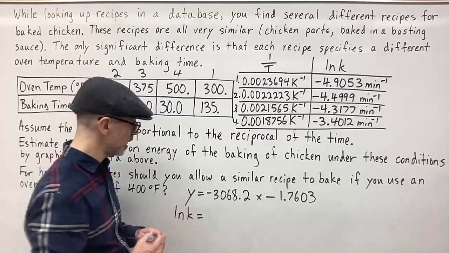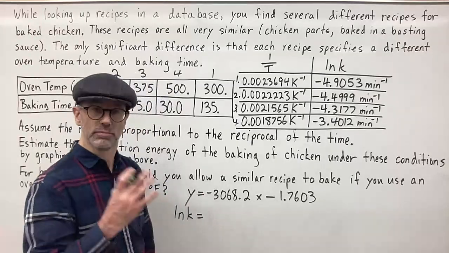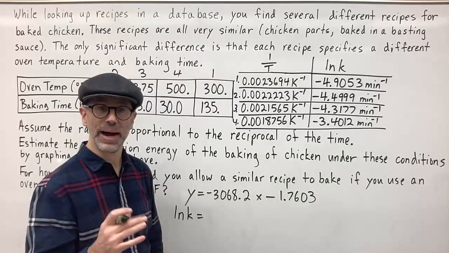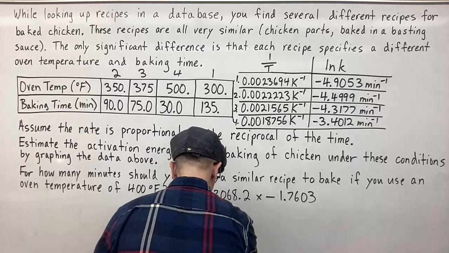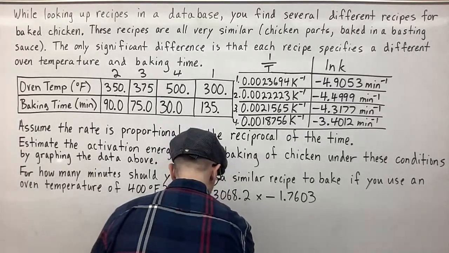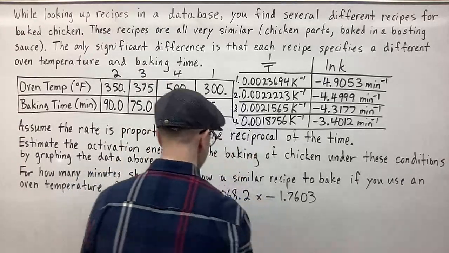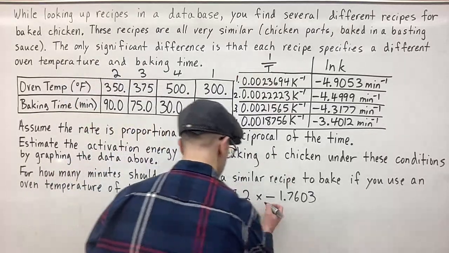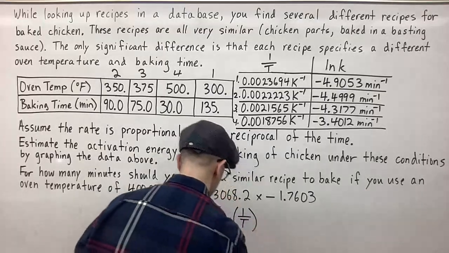When we plot this, our slope is equal to the negative of the activation energy divided by R, so this is going to be activation energy over R. And X here is our x value, which is going to be 1 over the temperature. So we can just replace X with 1 over the temperature.